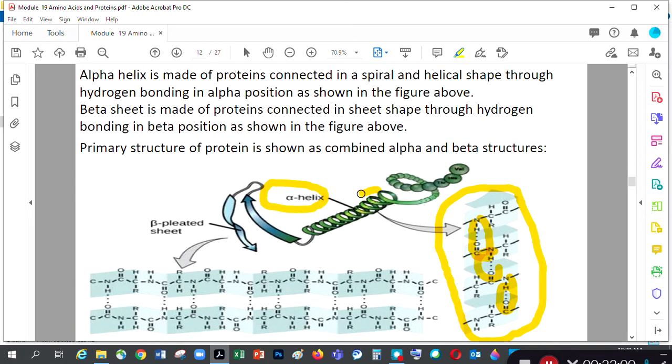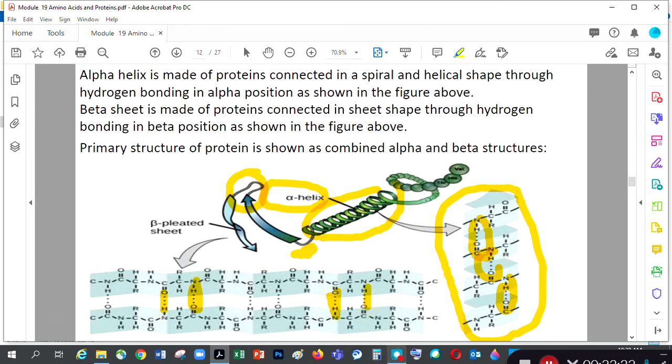Then if you go here, this part here, and it's blown up for you here, see this part? This part here is a beta pleated sheet. You can look, these are layers, not the spiral, but layers above each other, and then the hydrogen bonds, you can see here the hydrogen bonds in a beta position.